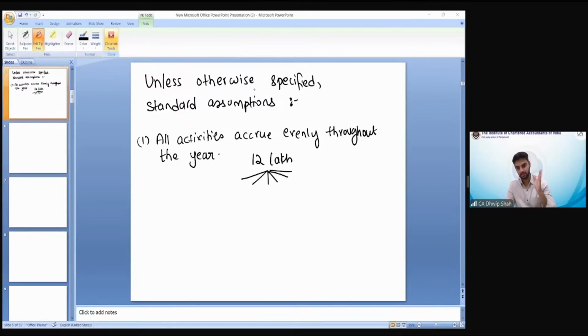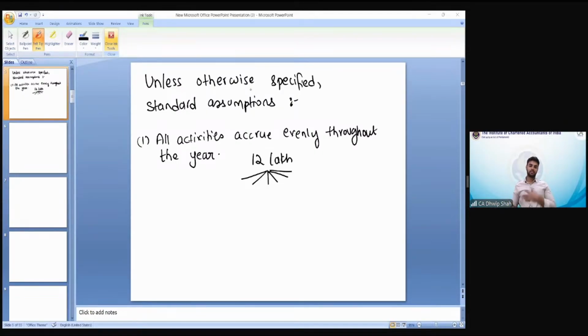Stock would remain the same at any given point in time. If you come to my godown, the stock value would remain the same. Meaning if you come to my godown today, 1 lakh of stock is lying; on 30th November if you come, 1 lakh of stock will be lying. If you come on 31st December, 1 lakh of stock will be lying.